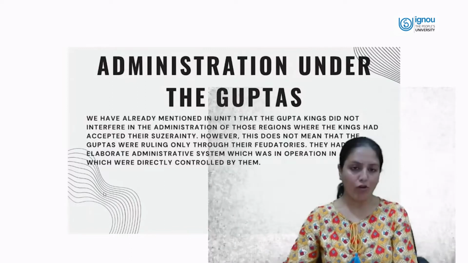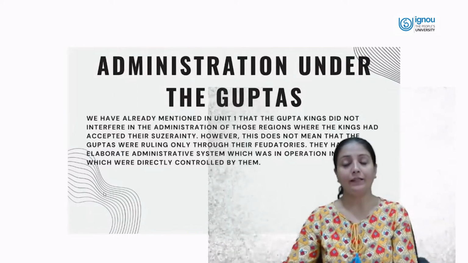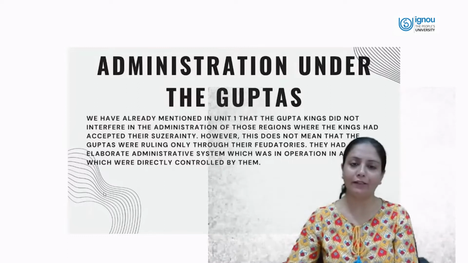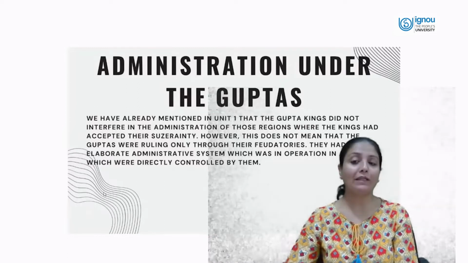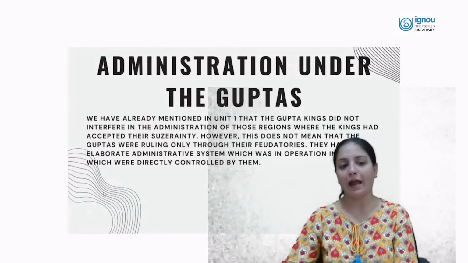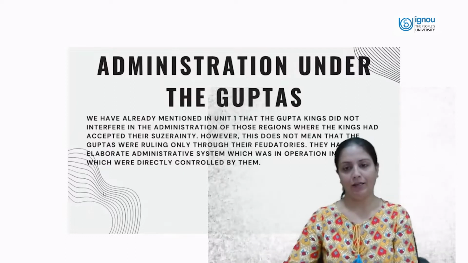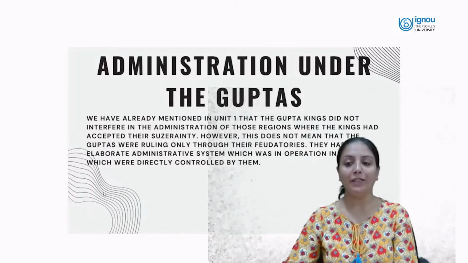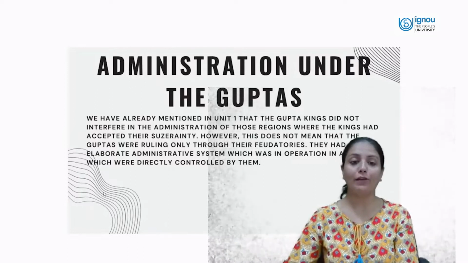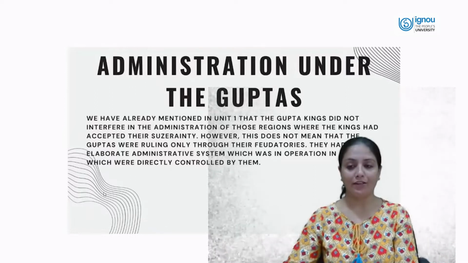We have already mentioned in Unit 1 that Gupta kings did not interfere in the administration of those regions where the kings had accepted their suzerainty. However, this doesn't mean that the Guptas were ruling only through their feudatories.